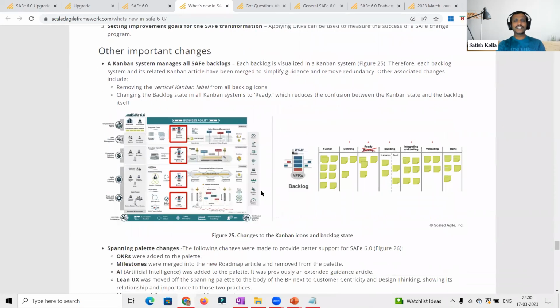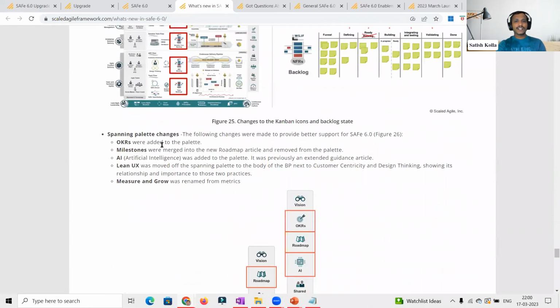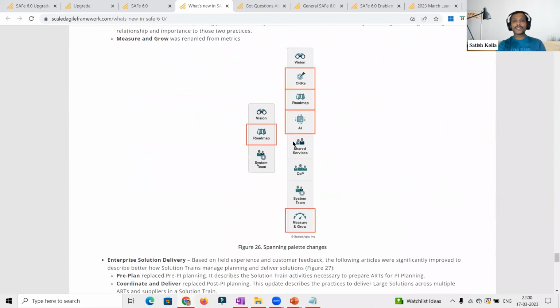And other changes, yes. This is the spanning palette we are talking about. OKRs and AI are included in it. And measure and grow is added from the top of the business agility. Now it is brought into the spanning palette.